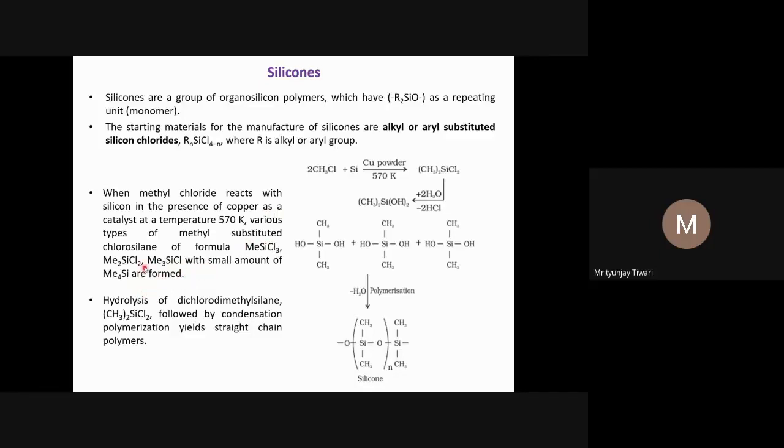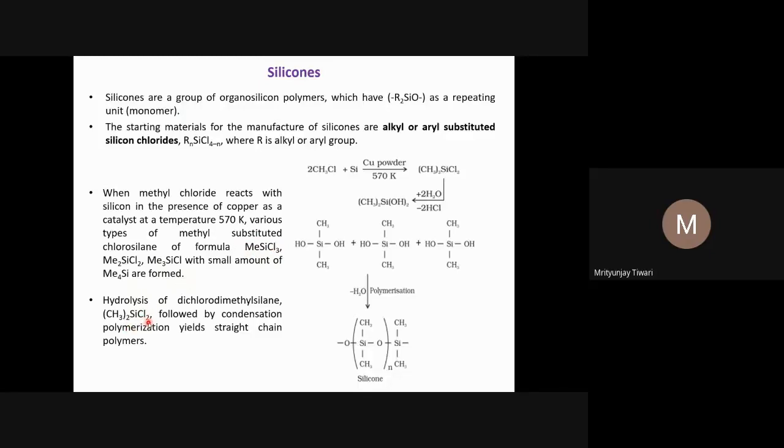Once hydrolysis is done, the Cl groups are replaced by OH groups. So on hydrolysis, the introduction of OH groups happens, which will be there in the monomer. All the chlorosilanes will be replaced.